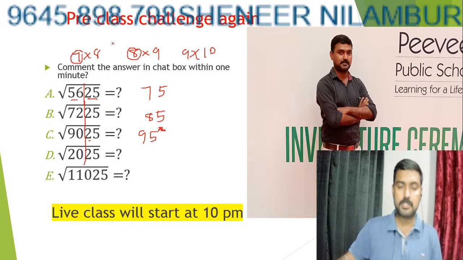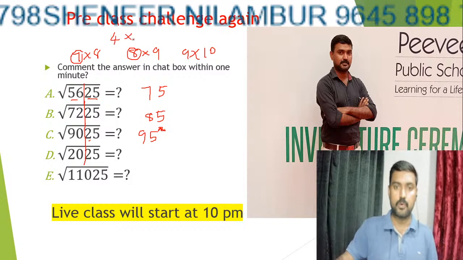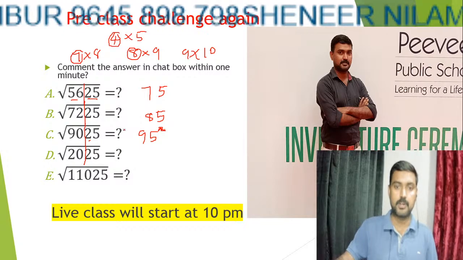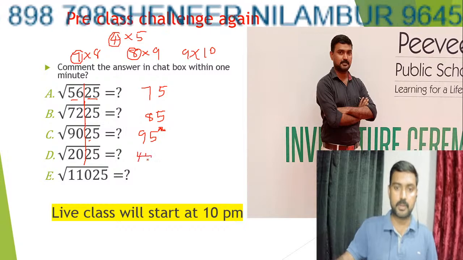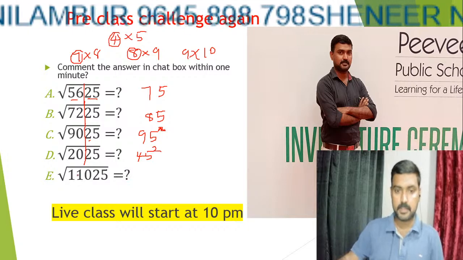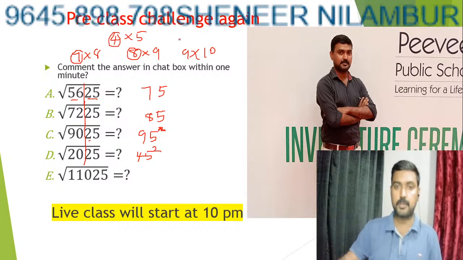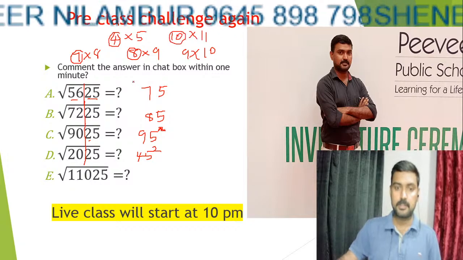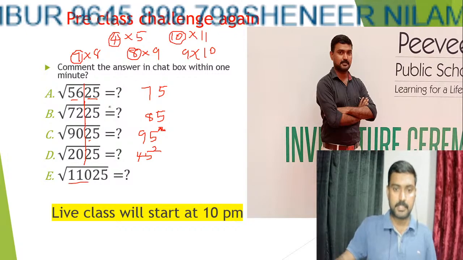Similarly, 20 means we know that 4 into 5. 4 into 5 means the smallest number among these consecutive numbers is 4. So this is 45 square. Can you understand? Similarly, 110 is here. 110 means we know that 10 into 11. So 10 is the smallest number.